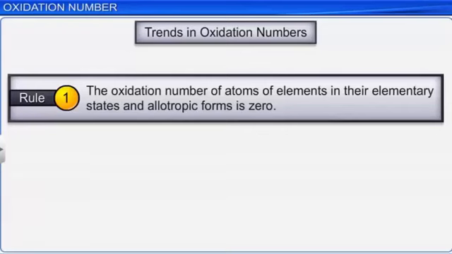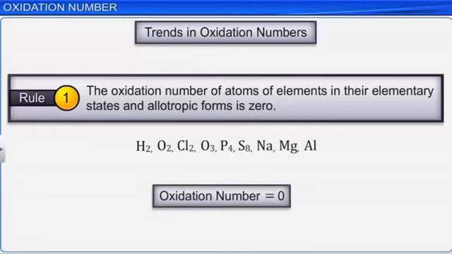The first rule is that the oxidation number of atoms of elements in their elementary states and allotropic forms is 0. For example, each atom in H2, O2, Cl2, O3, P4, S8, Na, Mg, Al has oxidation number 0.